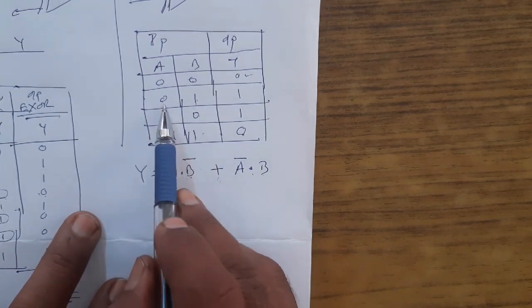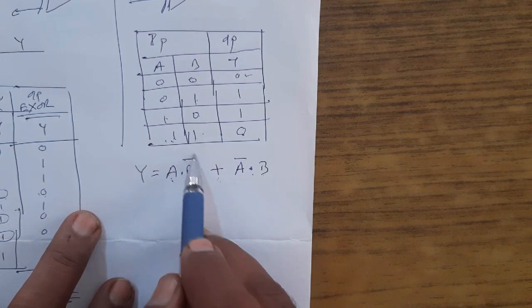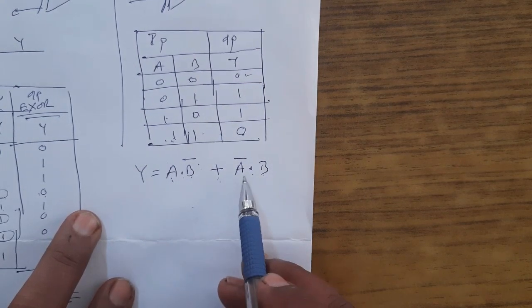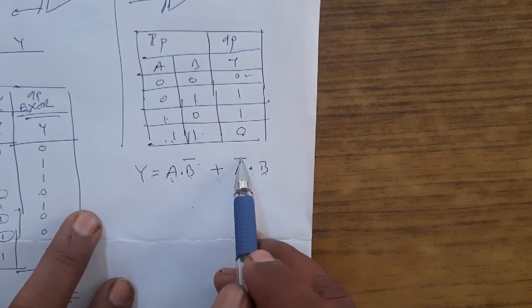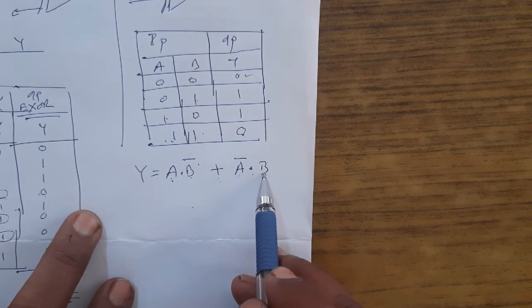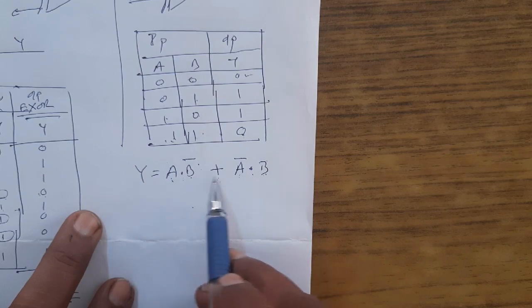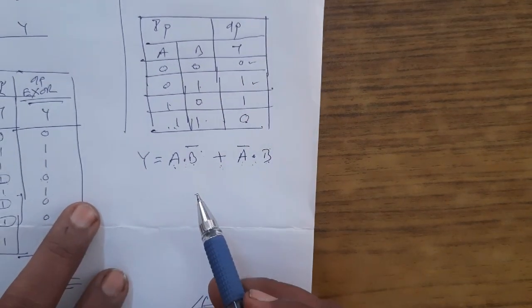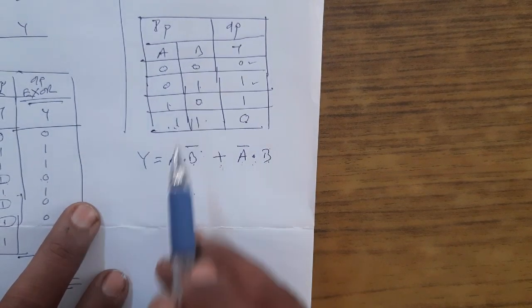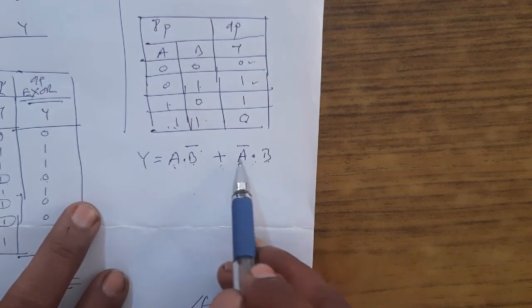If it is 0 1, this is 0, therefore this will vanish. But as b is 1 and a is 0, a complement is 1, therefore 1 and 1 will be 1, 0 or 1 will be 1. This condition is satisfied. For 1 0, this will be 1 and this will be 0.